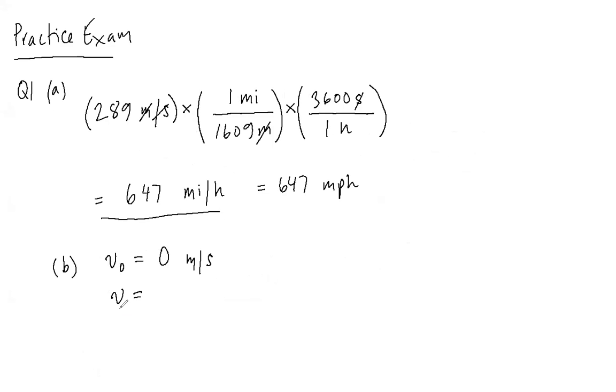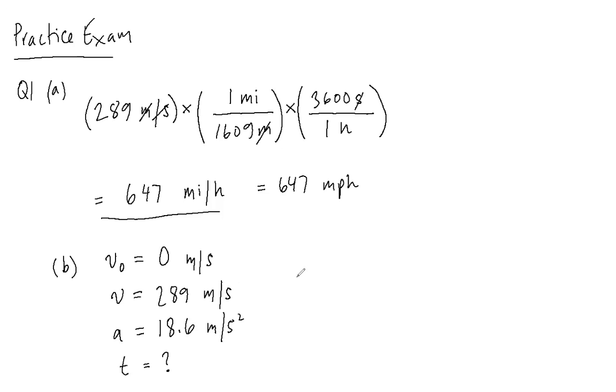So this is your final speed. That's going to be 289 meters per second. And then the acceleration is given as well. That's going to be 18.6 meters per second squared. And then the time is what is being asked for.